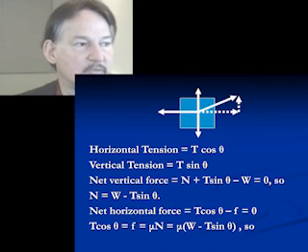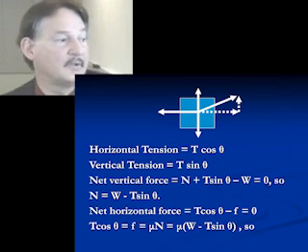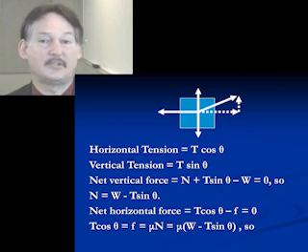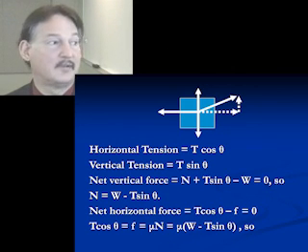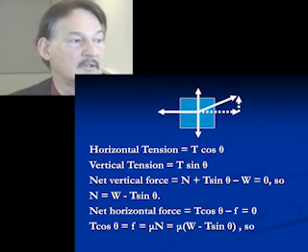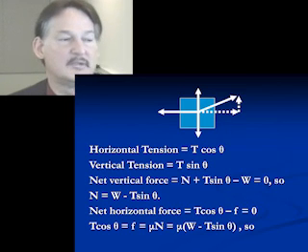We take the frictional force to the right side of this equation, becomes plus F. So we get T cosine theta equals F. But F is mu times N. That's just a definition, isn't it? But we found out that N for this case was W minus T sine theta. So here we have an equation T cosine theta equals mu times (W minus T sine theta).